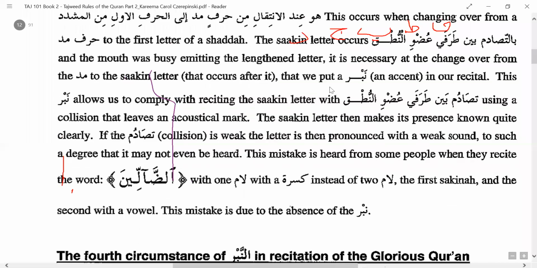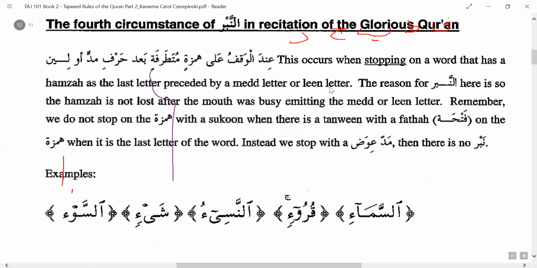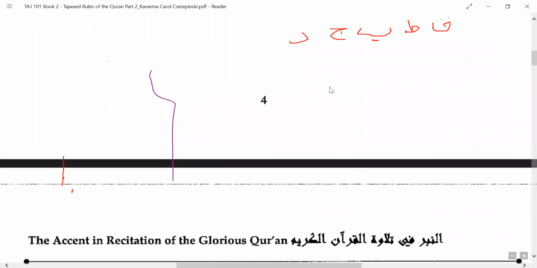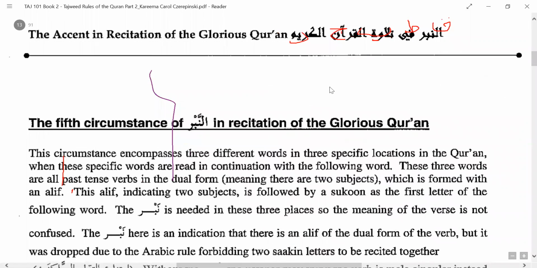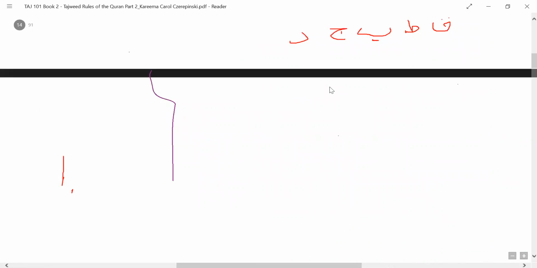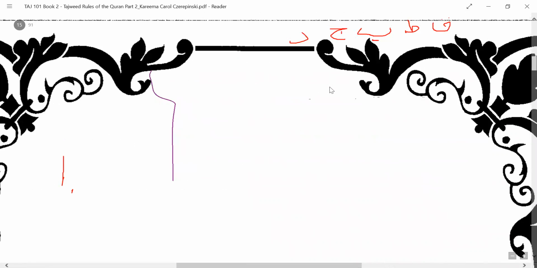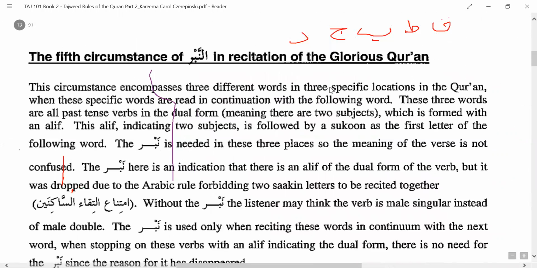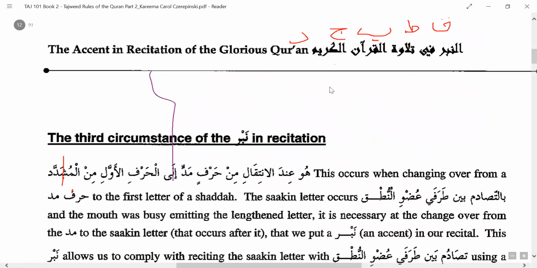Just let me see. You have the 4th, and the 5th. And then you have the 2nd chapter. So you want to do one or you want to complete this chapter? Let me know.